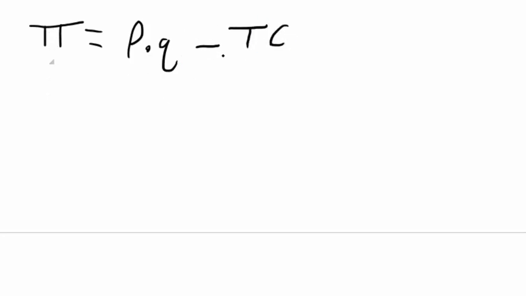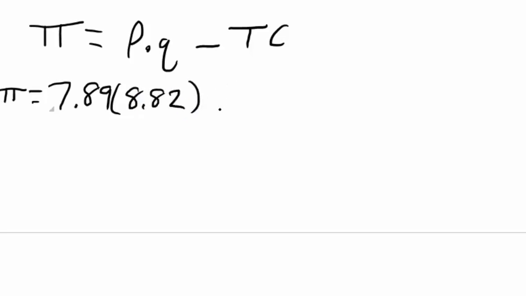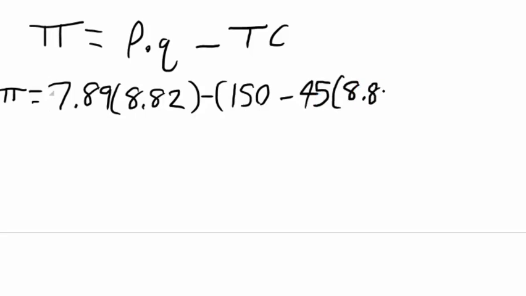Since we know all three terms, we have profit equals our price of 7.89 times our quantity of 8.82, and then minus the total cost function of 150 minus 45 times the quantity of 8.82 plus 3 times 8.82 squared.